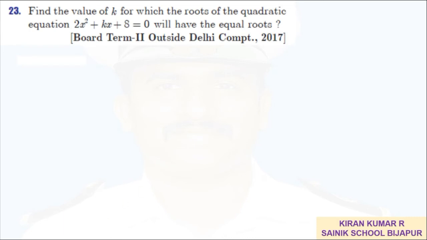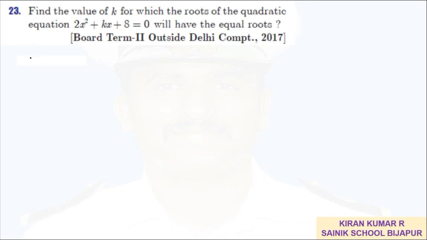Question number 23. Find the value of k for which the quadratic equation 2x square plus kx plus 8 equal to 0 will have equal roots. We have learned that the possibility of getting equal roots is when the value of the discriminant is equal to 0.